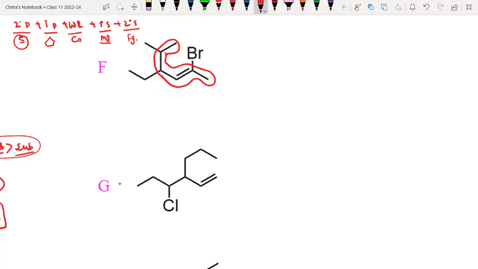So here we have carbon number 1, 2, 3, 4, 5, and 6. Here we have methyl, here we have ethyl, and here we have bromine. So bromine comes first in alphabetical order. So we have to write the name first for bromine. So it is 2 bromo.